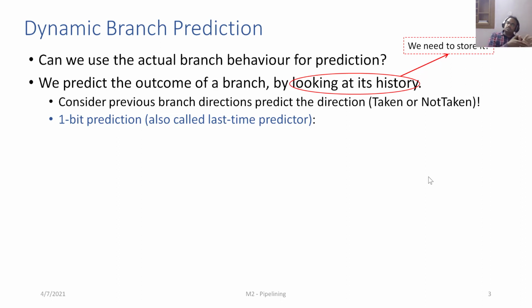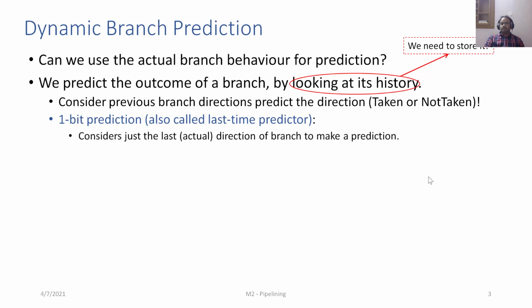Now if in the previous instance it was not taken, then this time we would predict as not taken. This is the simplest explanation for 1-bit branch prediction. So it would consider just the last instance of the branch and look at its actual direction, whether it is taken or not taken, to make the prediction.